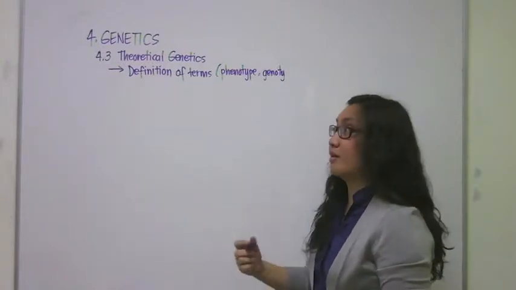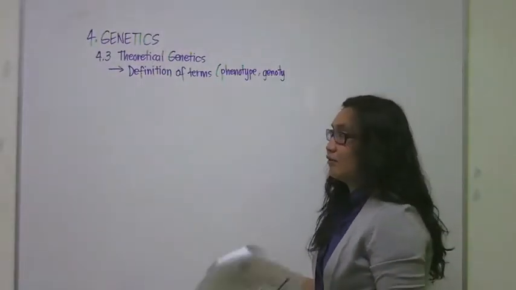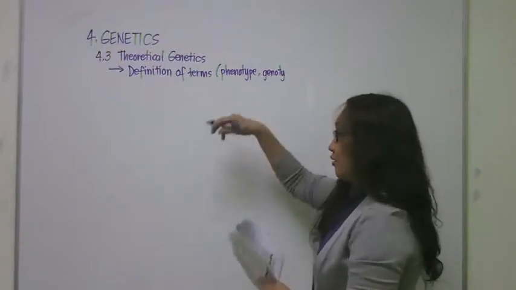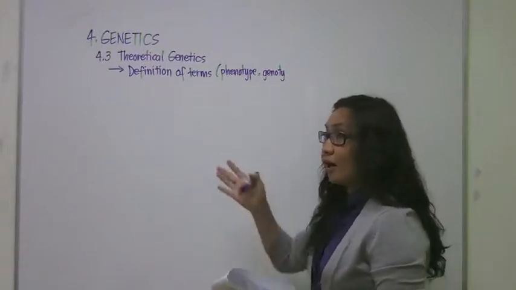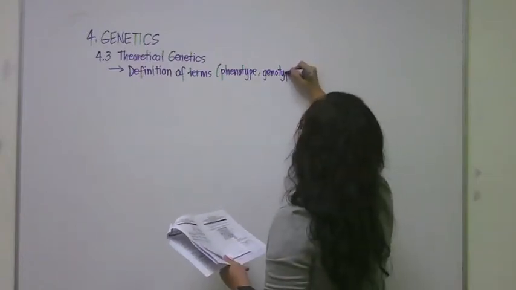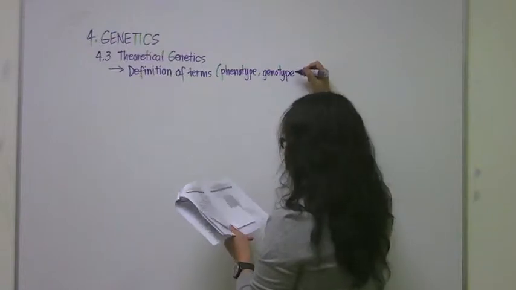So there are a lot of terms that are needed to be discussed. So for us to be able to convey or explain what these terms are, we have to use examples as well. So genotype.